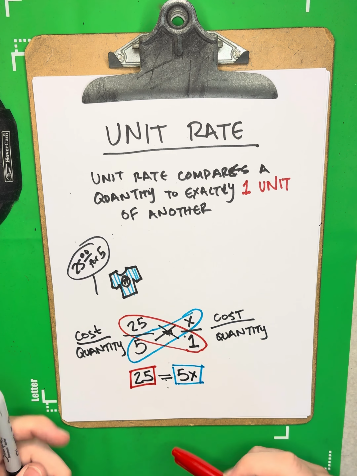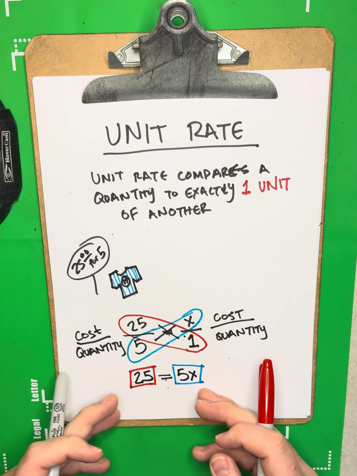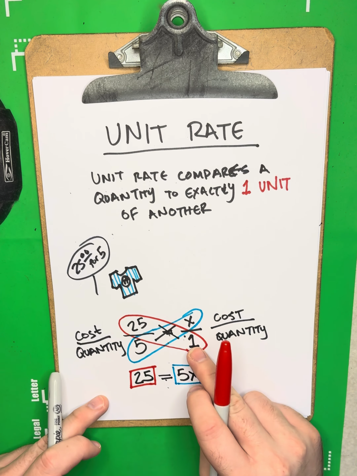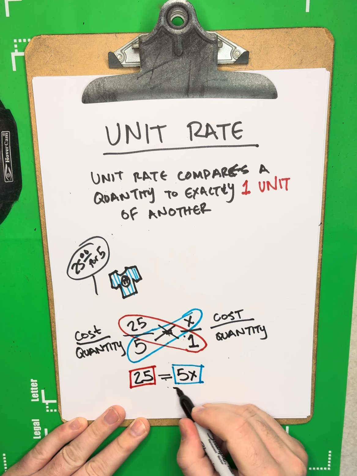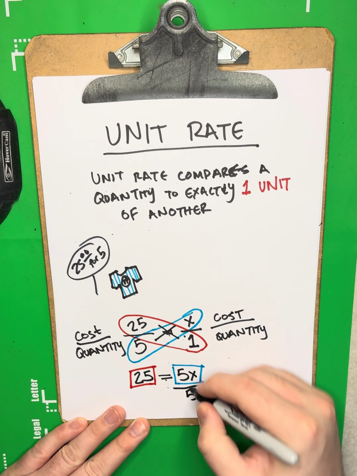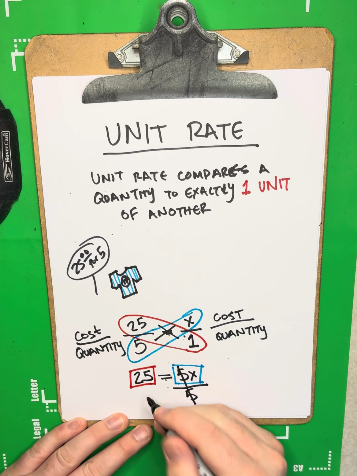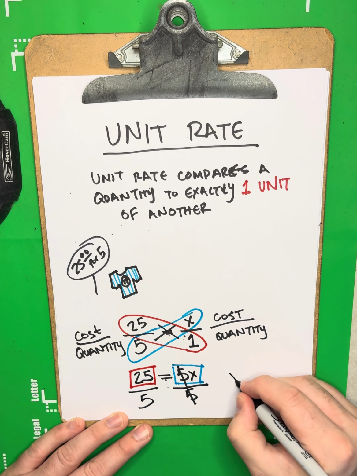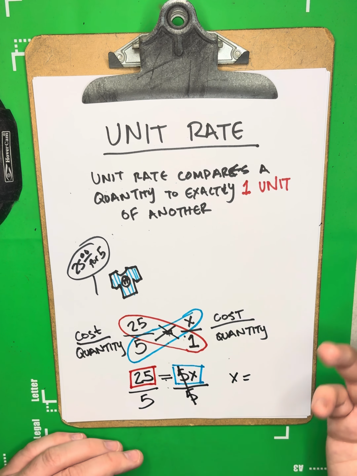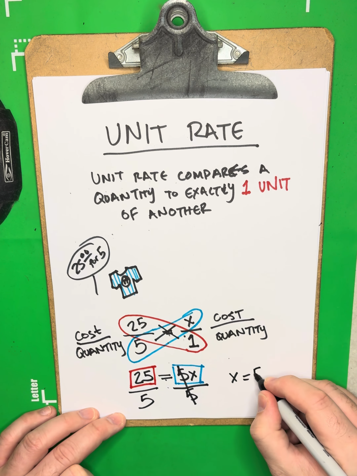Now we're just solving for x to figure out the cost of one singular unit. So I follow my steps of dividing out my coefficient, since this is multiplication. Do the same thing over here. 25 divided by 5, x equals 5.